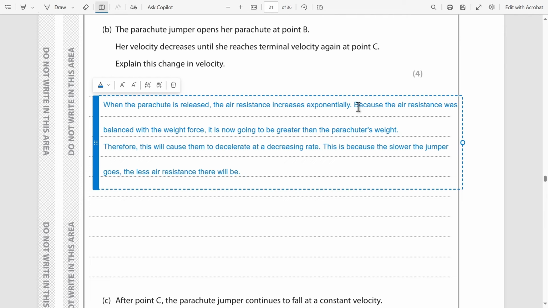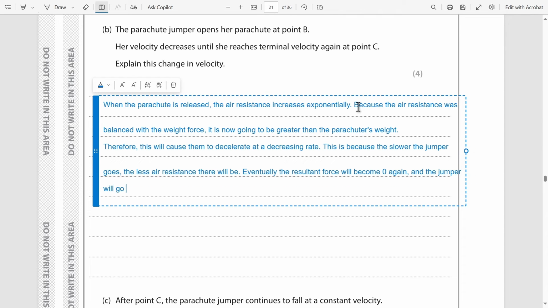Eventually, the resultant force will become 0 again, and the jumper will go back to terminal velocity. There will be no more accelerations.